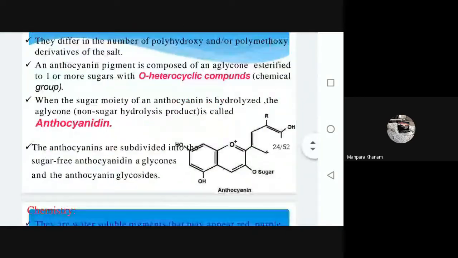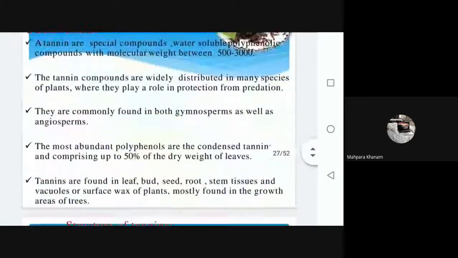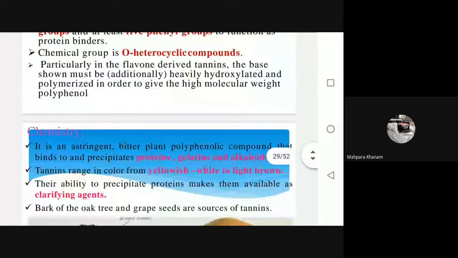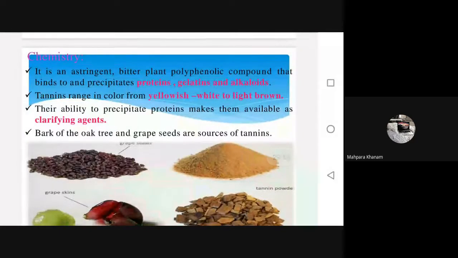So anthocyanin and tannin both have an ortho heterocyclic compound. Now, how does tannin taste? It is bitter in nature. It has an astringent taste, or you can say it has astringence. And what is the color of tannin? Yellowish to light brown.